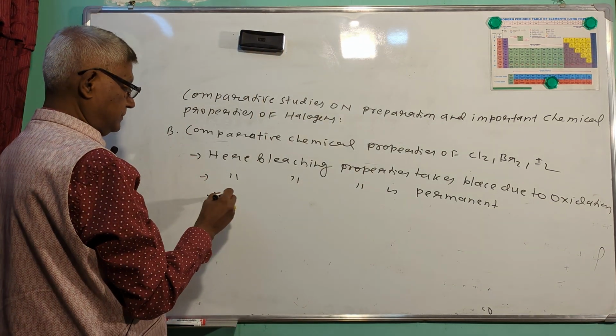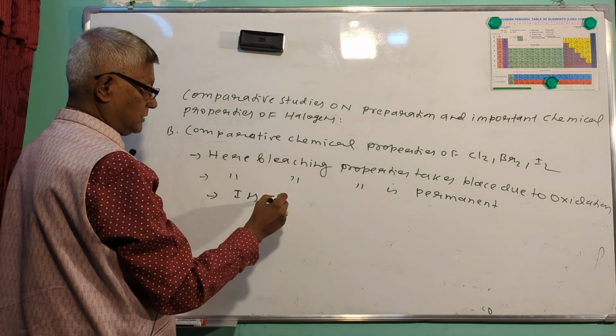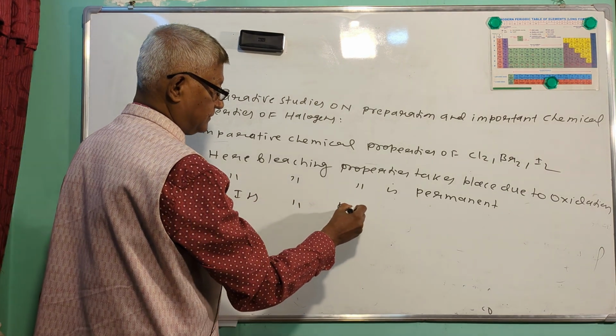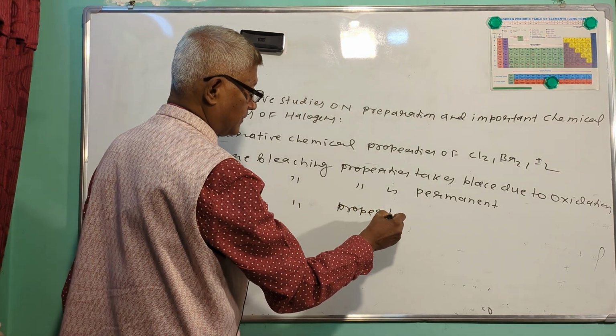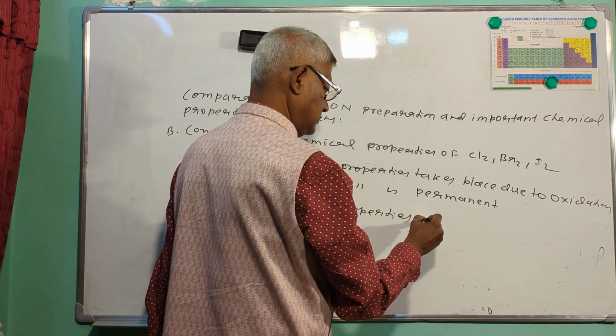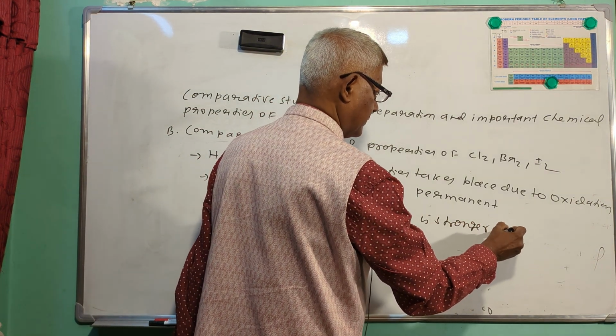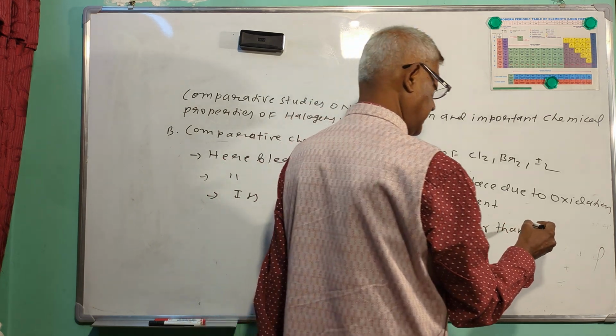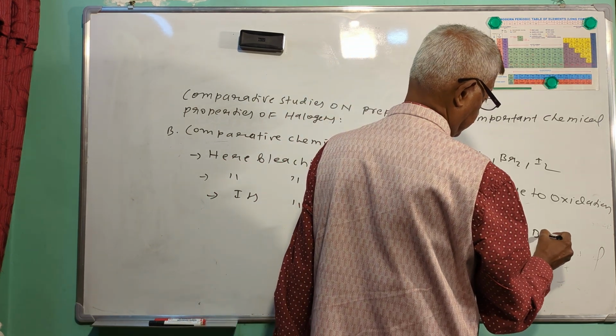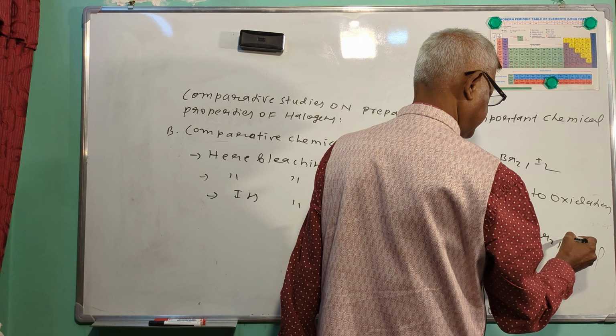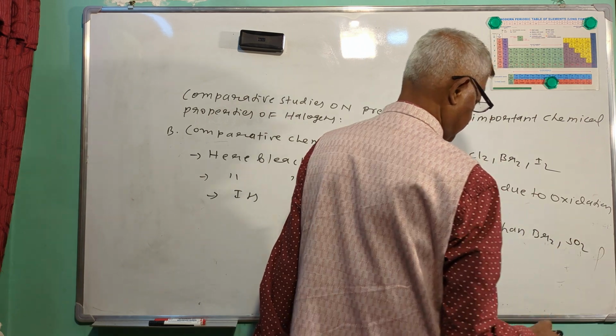Third one is, the bleaching property is stronger than bromine and sulfur dioxide.